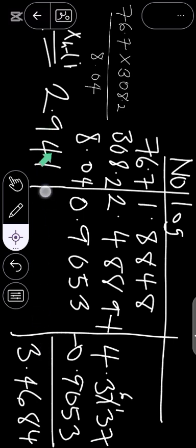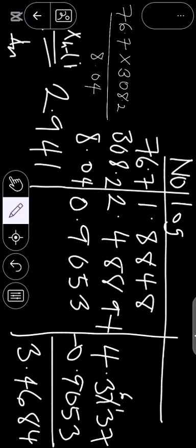It will move back the number of integers that you have here. In this case we have 3 here, so the decimal point is going to move 1, 2, 3. So your final answer is 2941.